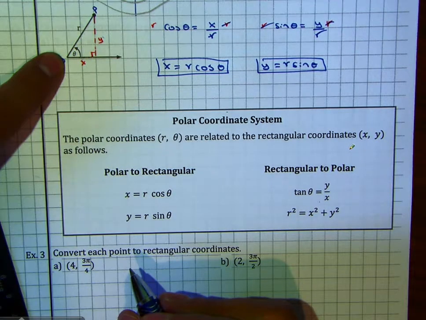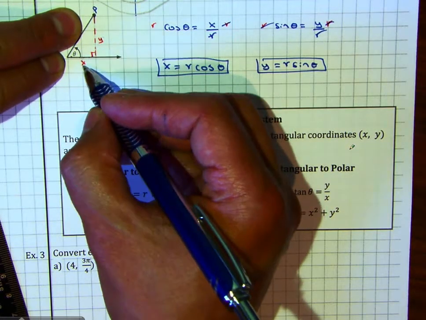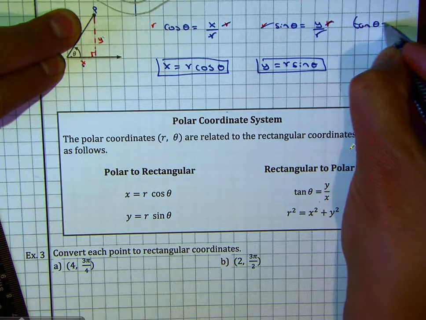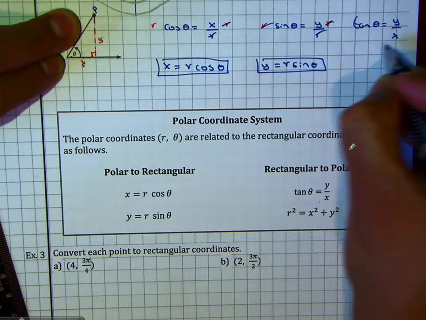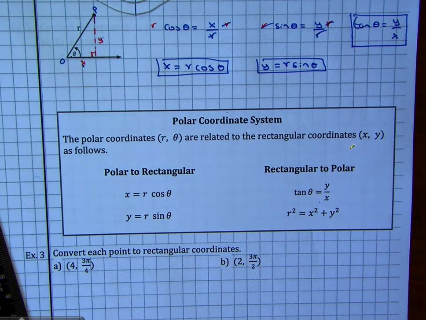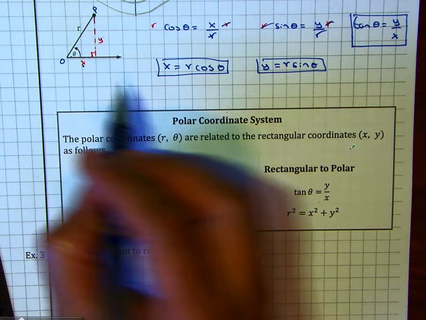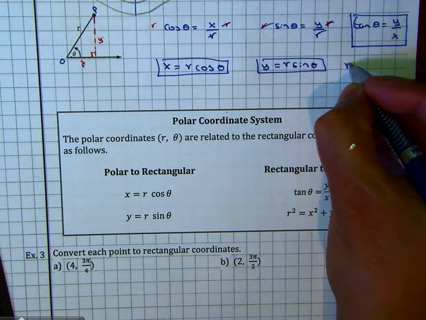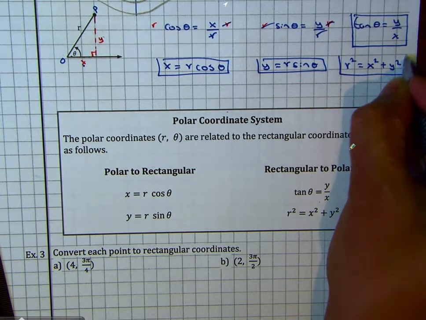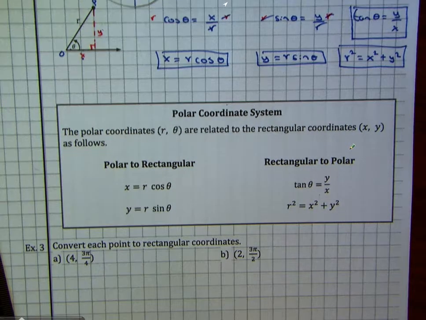And now if we're actually looking for the angle, your angle is y over x, so the tangent of theta will be y over x. And once again, because this is a right triangle, we can use the Pythagorean theorem to be r squared is equal to x squared plus y squared. So therefore, those four formulas that you guys know from your previous sections that we're going to use once again.